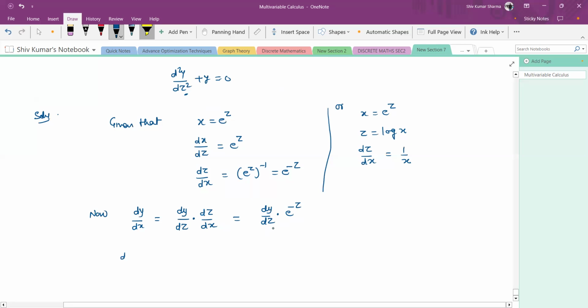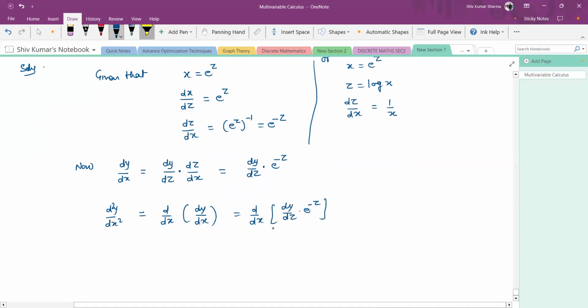Again, we calculate d2y over dx square. So this is equal to d over dx into dy by dx, which equals d over dx into dy by dz into e raised to the power minus z. We see that outside the independent variable is x, but inside the independent variable is z. So we use the chain rule.